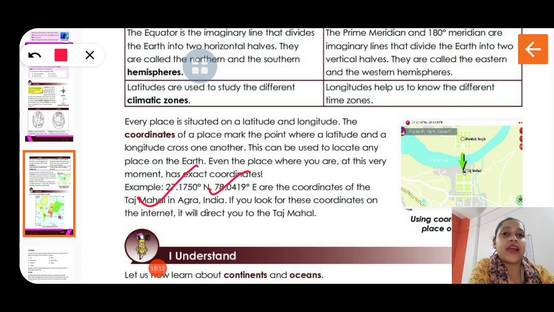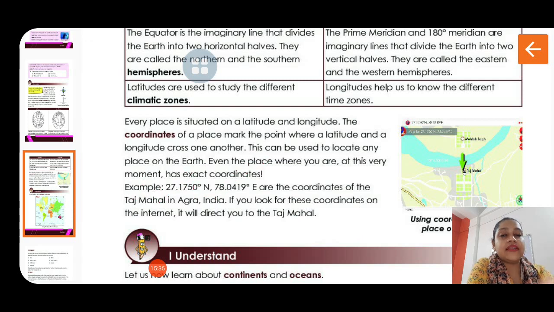Here you can find this is the latitude and this is the longitude, and these are the two measurements. The Taj Mahal is situated on the point where this latitude and longitude cross each other. If we look for these coordinates on the internet, it will direct you to the Taj Mahal.